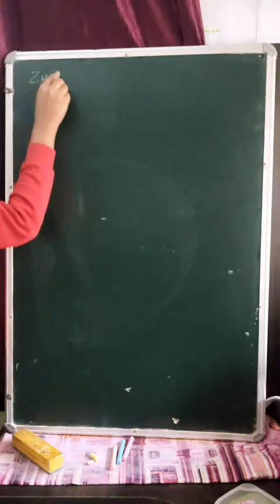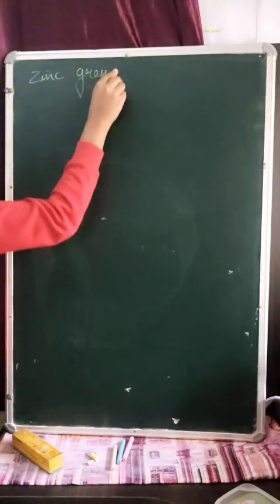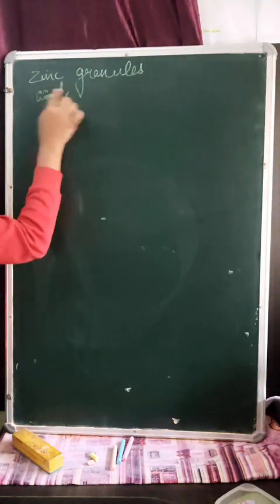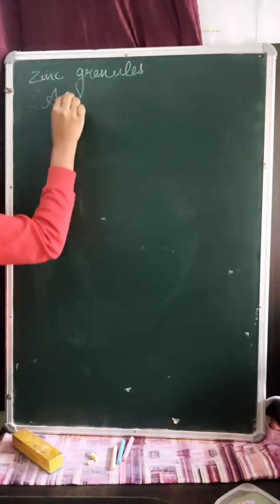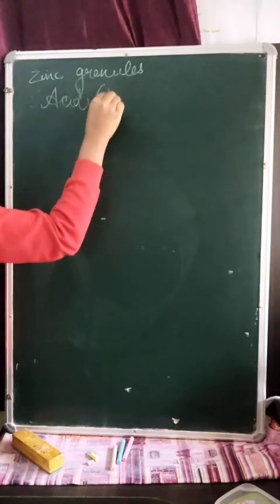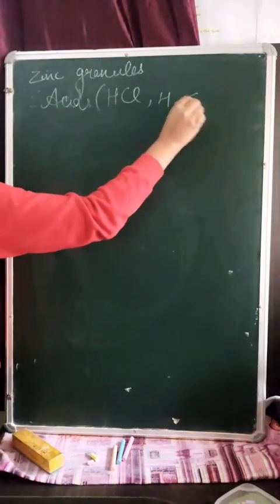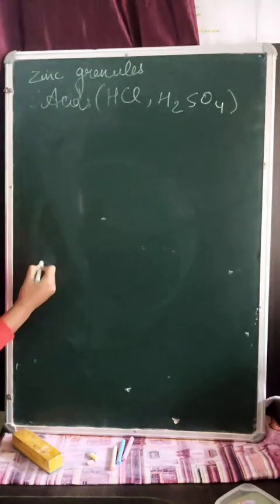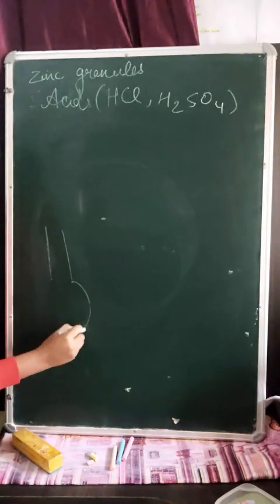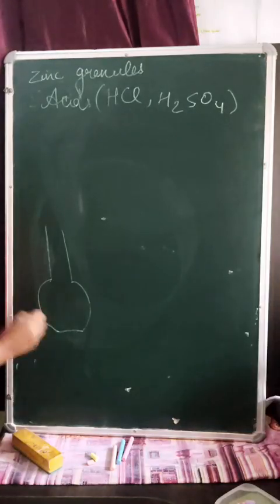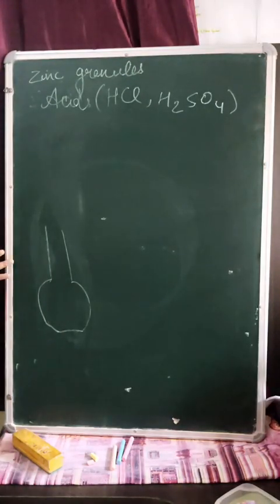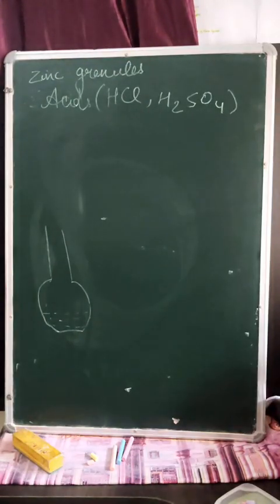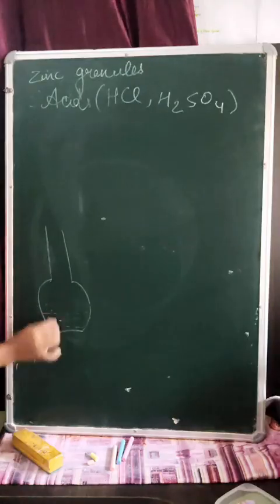So the requirements are zinc granules, then acids, like HCl or H2SO4. So we will take a beaker, we'll pour the acid in it, then we'll add on the zinc granules.